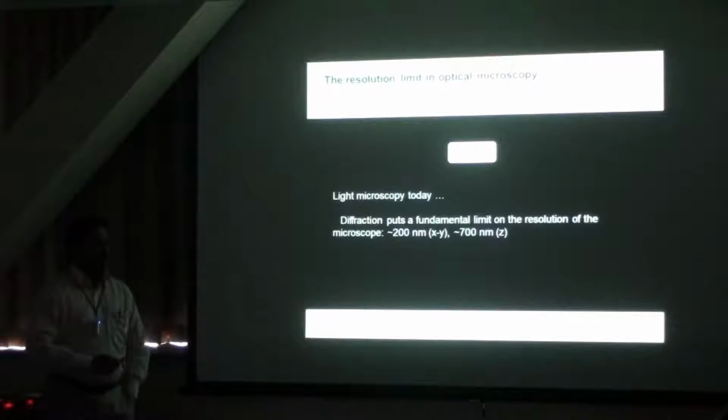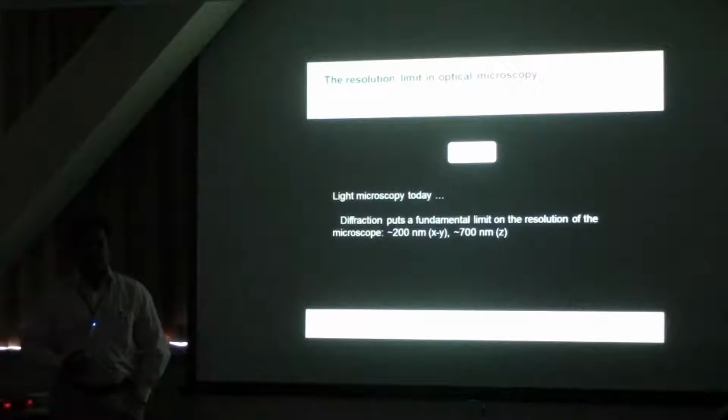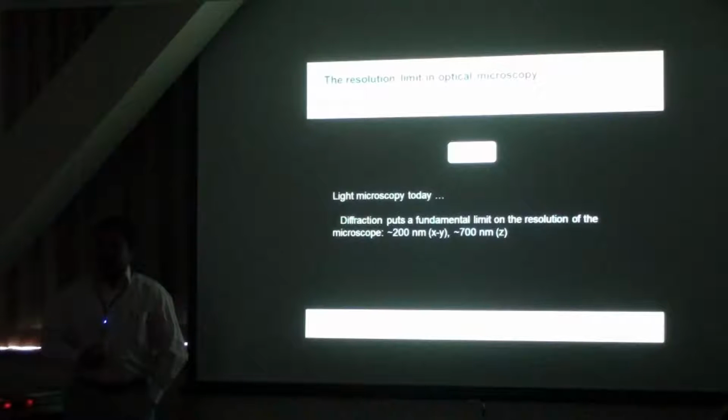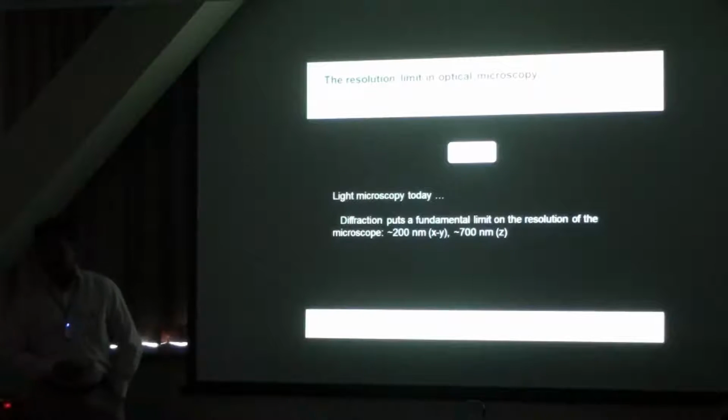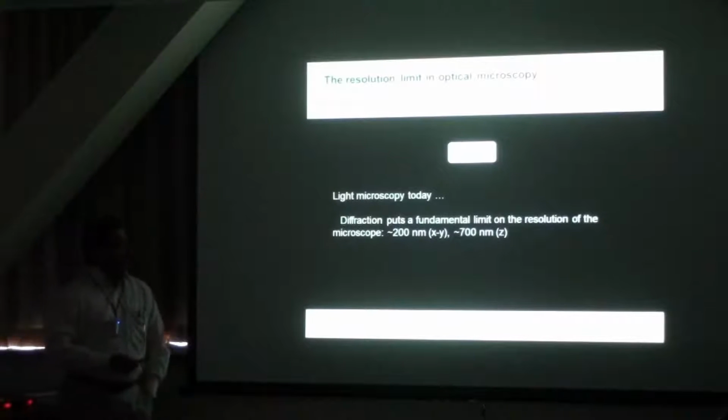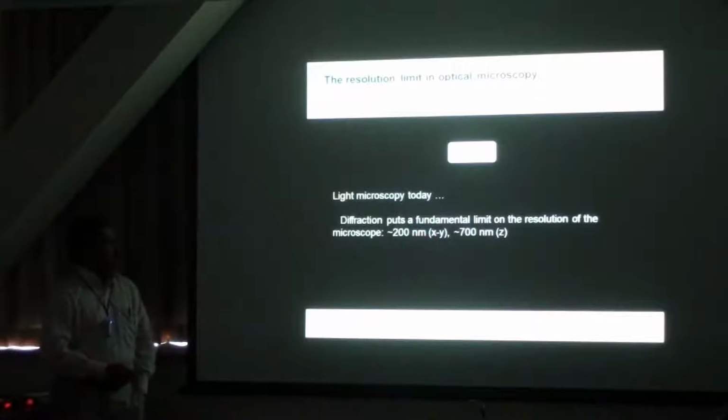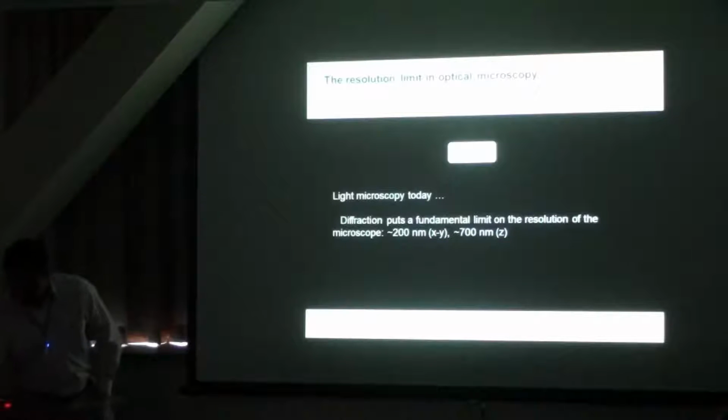Whatever image you are collecting depends on the light you use, and the light dictates how much resolution you get, because approximately half the wavelength of light is the typical conventional resolution, which is approximately 200 nanometers, because your visible light starts around 400 nanometers. So half of that is around 200 nanometers in XY, and approximately 700 nanometers in Z.